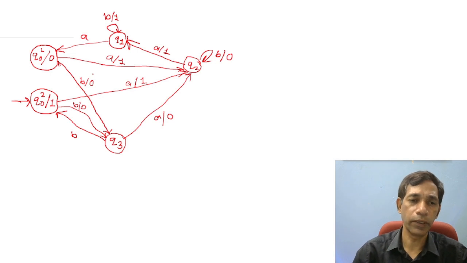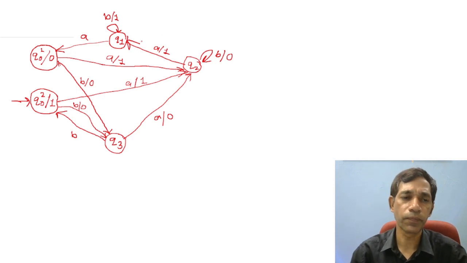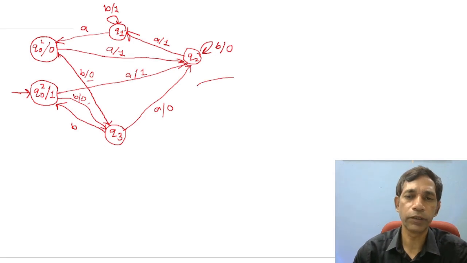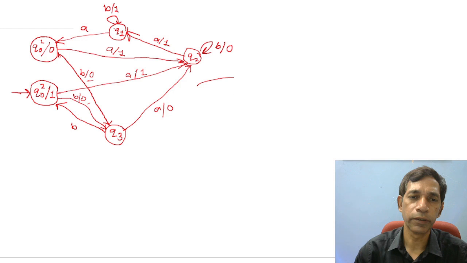Now we have to consider the states one by one. From this you see that we have now Q1, Q2 and Q3. If you go for the Q1, then we have seen that one is the loop which produces the output 1, and the other incoming edge is coming from the Q2.